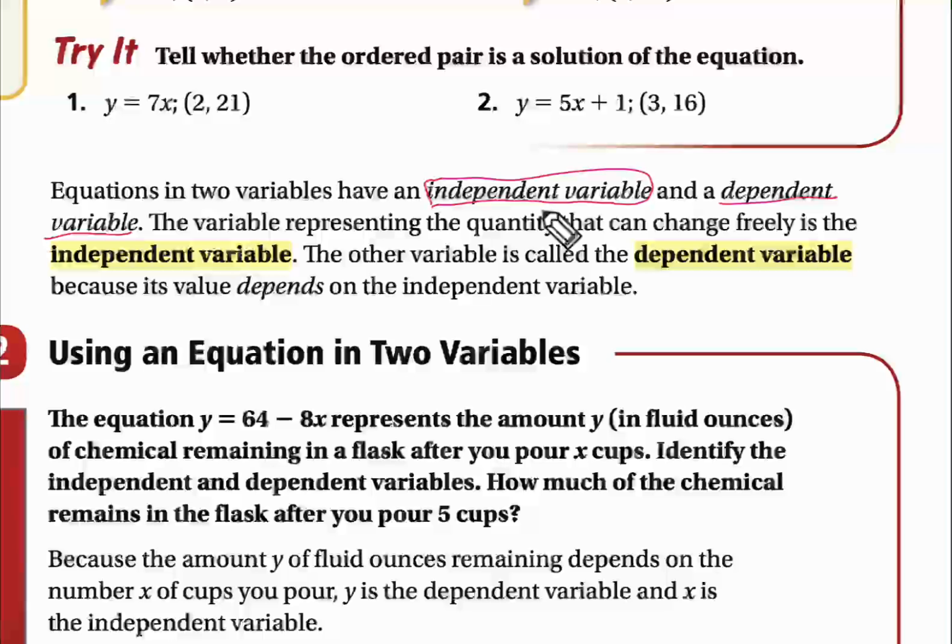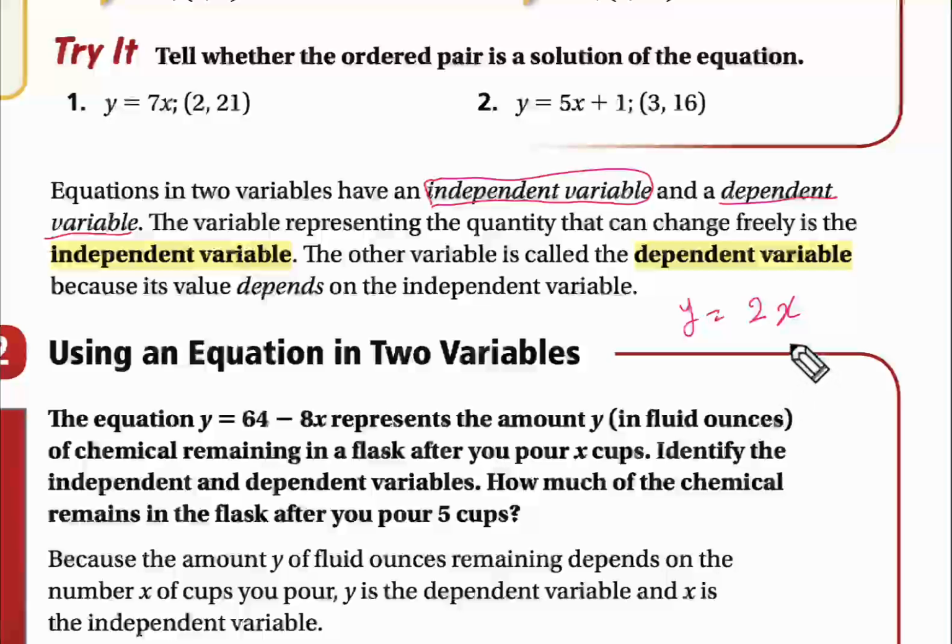I need to tell you first the meaning of the word dependent. Dependent means if I change the value for one of them, the other should change. Let me give you an example. Let's take any equation like y equals 2x.